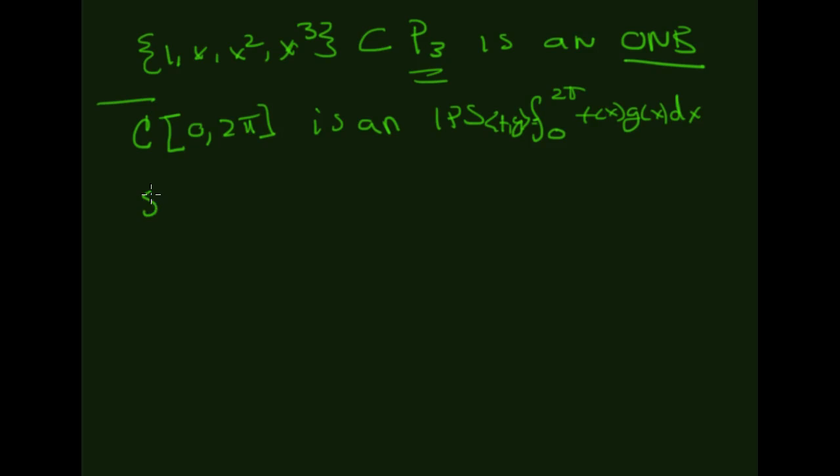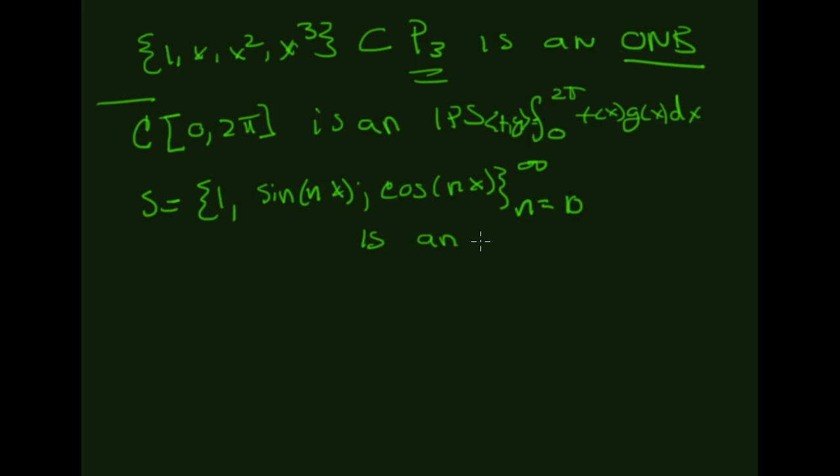So the set S equals 1, and then the sines of n times x, and the cosines of n times x, from n equals 0 to infinity, is an orthogonal basis.